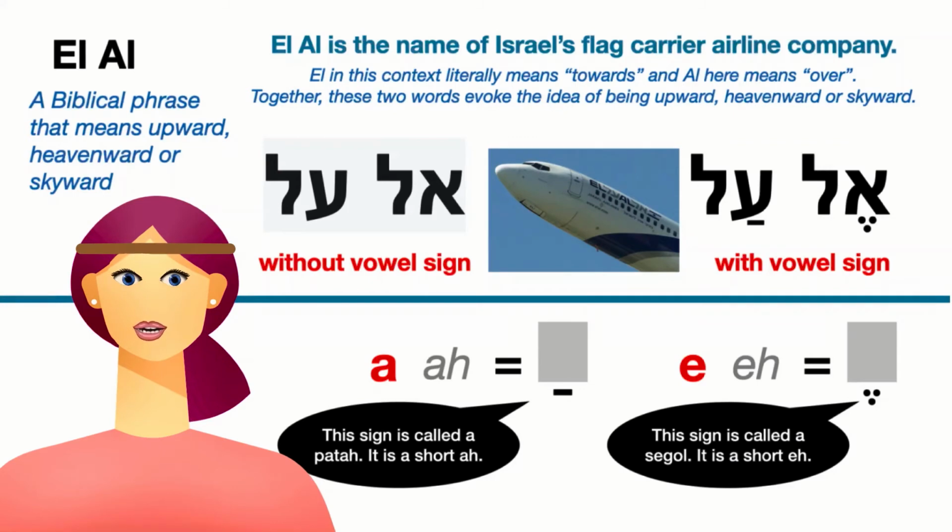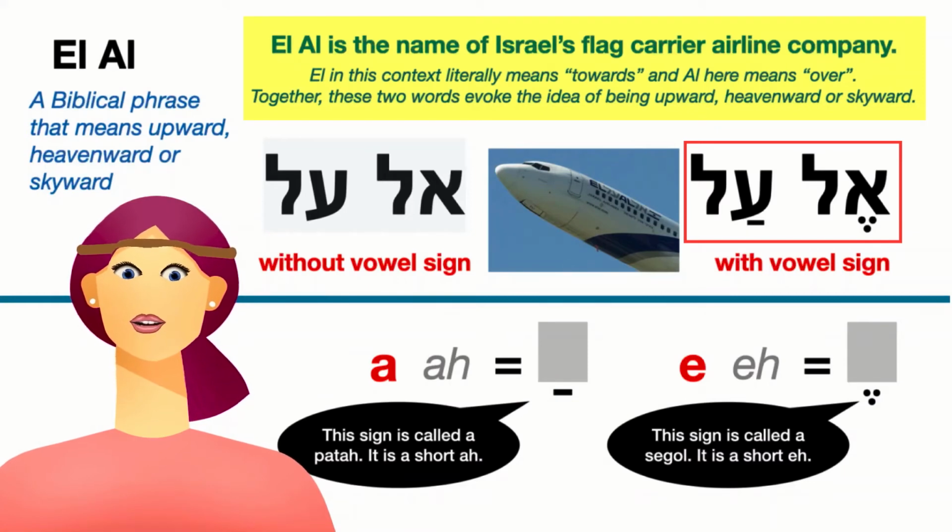Here's a popular example of a phrase that contains the preposition al. El Al. El Al is the name of Israel's flag carrier airline company. In this context, el means towards, and al means over. Together, el and al convey the idea of going skyward.